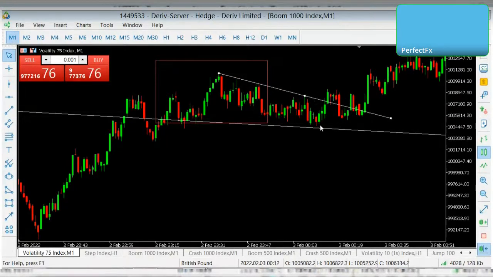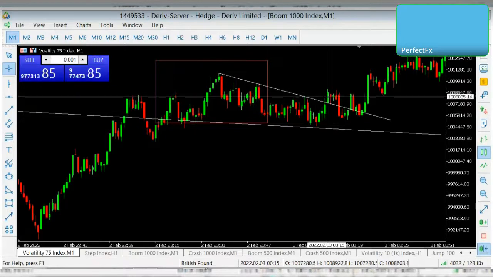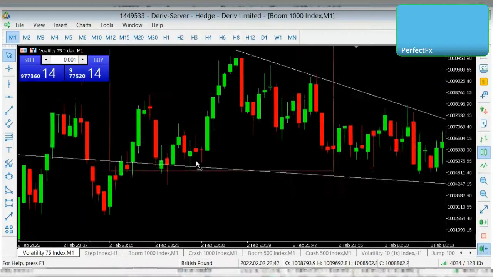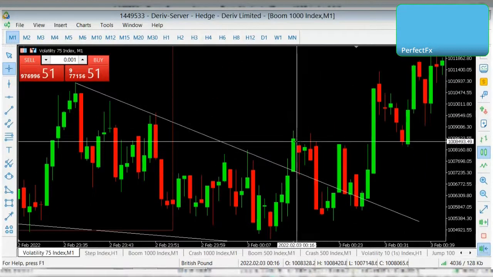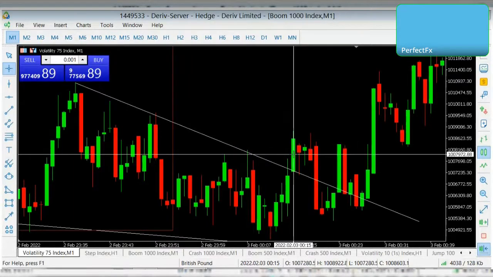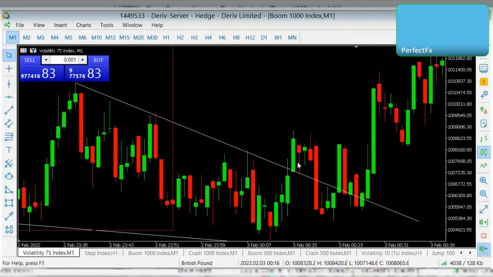You draw a trend line, and wait for a breakout to the upside, a candle that breaks the trend line to the upside significantly, using the previous low as your stop loss. Let me just zoom in for you to see well. Can you see this is the candle? This is the particular candle that broke price to the upside.